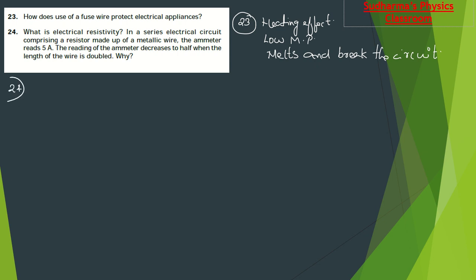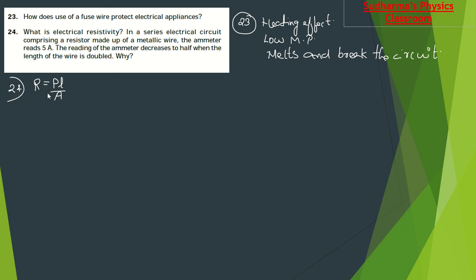24th question. What is electrical resistivity? In a series electrical circuit comprising a resistor made up of a metallic wire, the ammeter reads 5 ampere. The reading of the ammeter decreases to half when the length of the wire is doubled. Why? What is electrical resistivity? We have the formula R equals rho L divided by A, right?